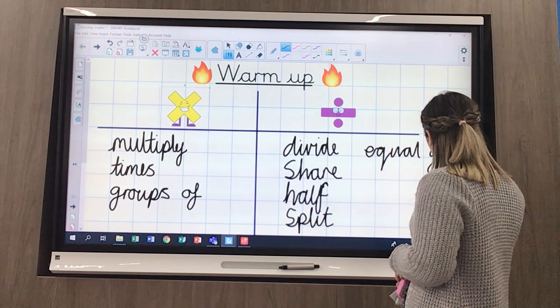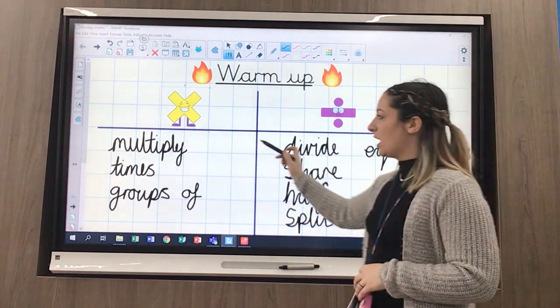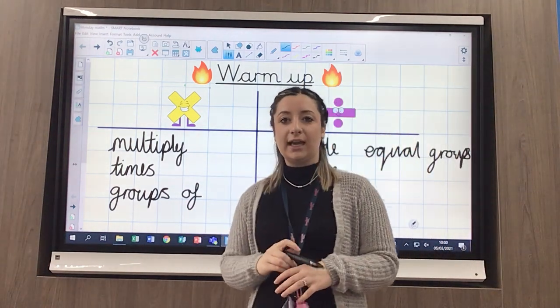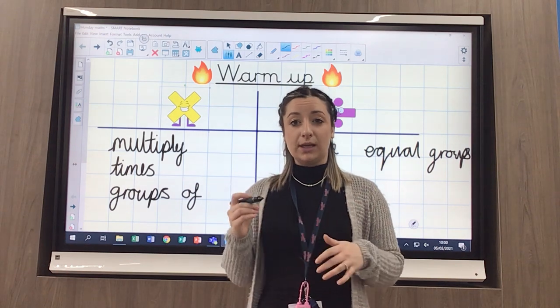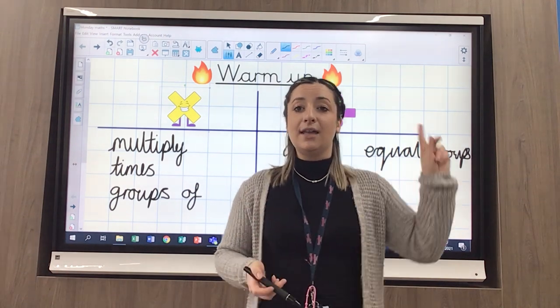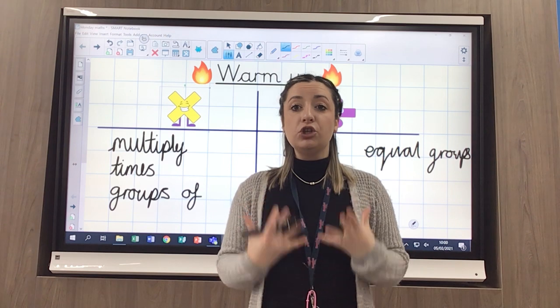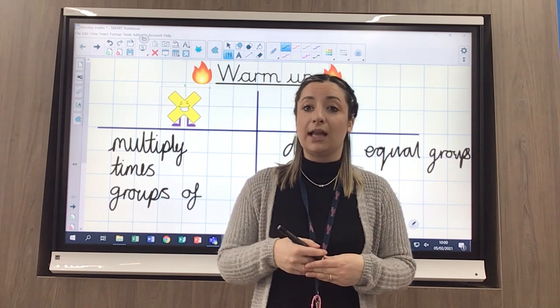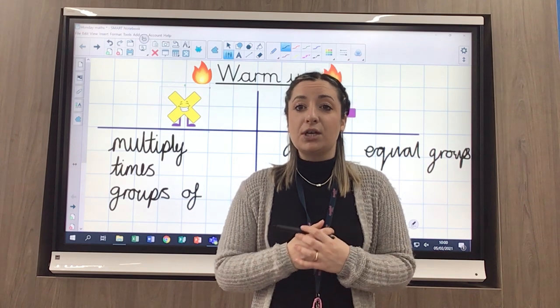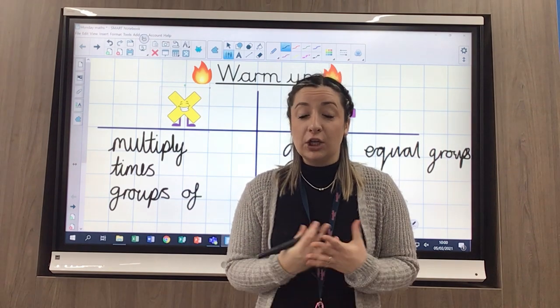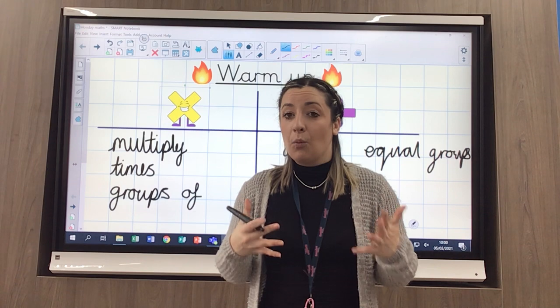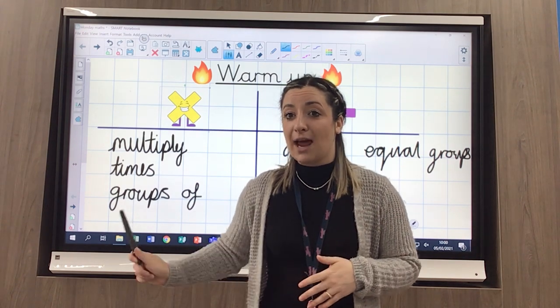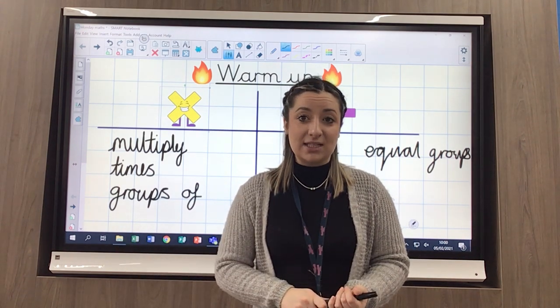Now I've just thought there was one word which I wanted to make sure I put on here, and it was one of the words when we were looking at multiplication last week that I kept referring back to because it was new vocabulary, wasn't it? So we need to keep revisiting our new vocabulary, and it began with the letter P. So at home, can you tell me on my device what is the word that I'm thinking of that I wanted to make sure that I write down today?